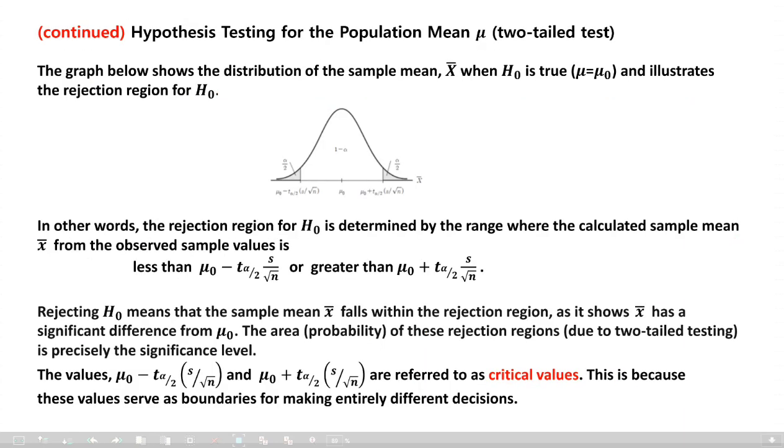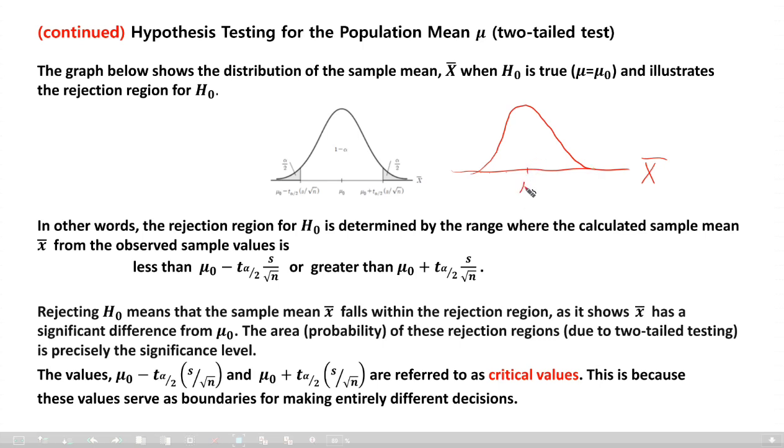Okay, continue. The graph below shows the distribution of a sample mean x bar. There are many small x bar here. It will have normal distribution by the central limit theorem.